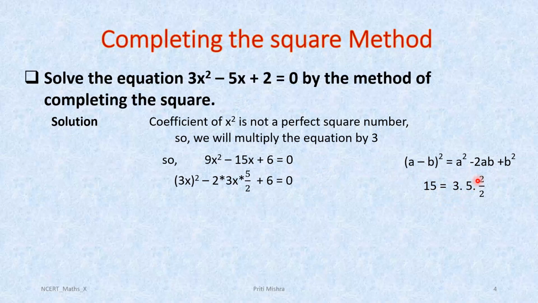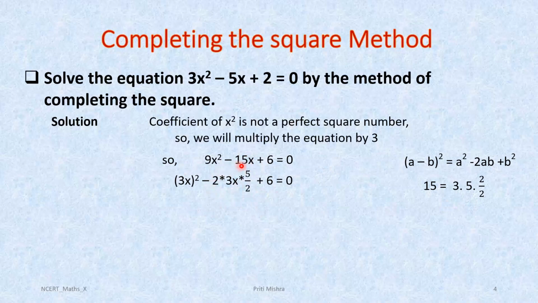So in order to get 2, we need to multiply by 2 as well as divide by 2. So now we are having 3 into 5 into 2 upon 2. After this, we will arrange all these numbers here. See, 15x can be written as 2 into 3x into 5 by 2, right? 2, 2, 3, and 5. All the numbers are here along with x.